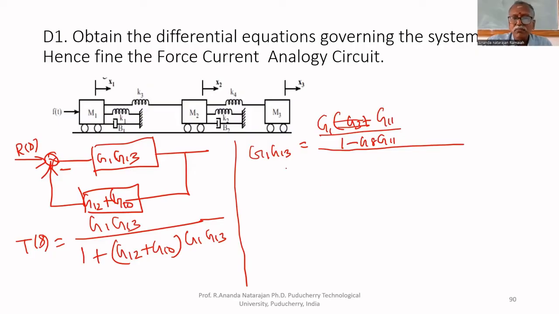That is also equal to G1 G13. G13 is G11 upon 1 minus G8 G11. This is G13.